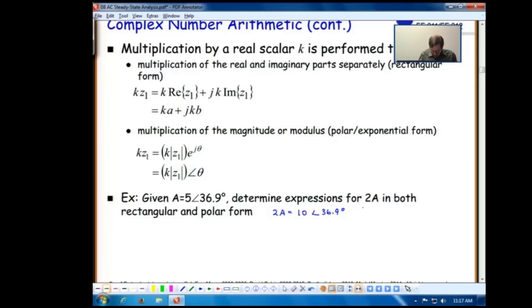If we want to do that in rectangular form, we have to convert first from polar to rectangular. And if we do that, let's say you do this on your scientific calculator, you put in 10 at an angle of 36.9 degrees, we get 8 plus j6.